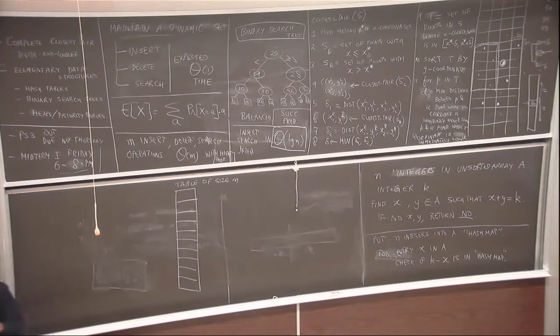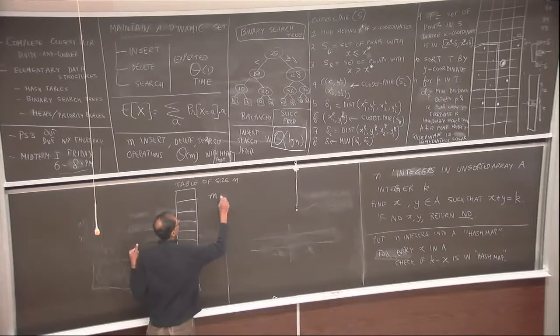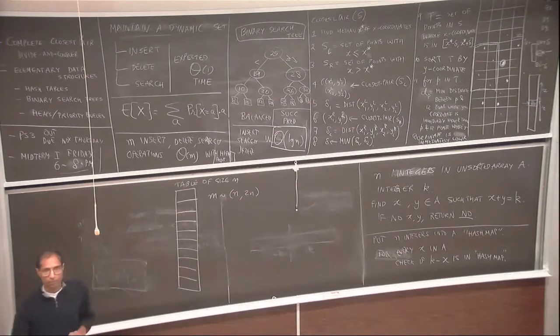This is just an array. Typically you would make it bigger than the set that you want to store, but usually not much bigger, between n and 2n. That's your table.